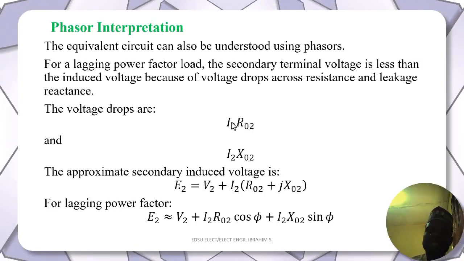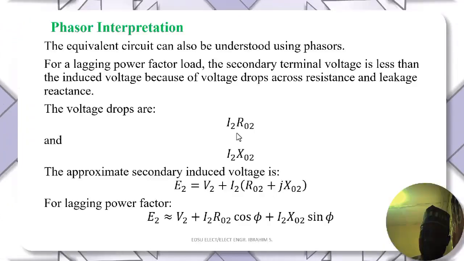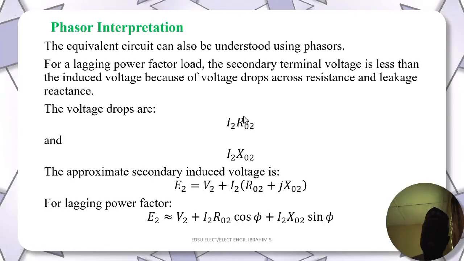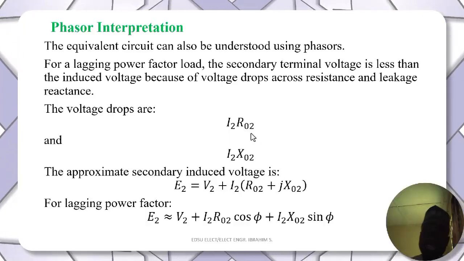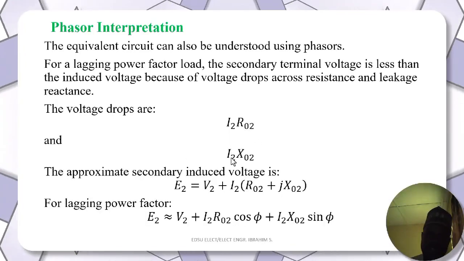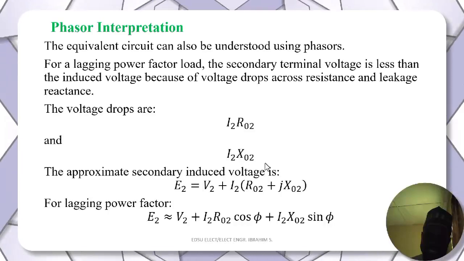So the voltage drop at the secondary is I2, the secondary current, multiplied by my equivalent resistance at the secondary. And also I have my I2 jX02.